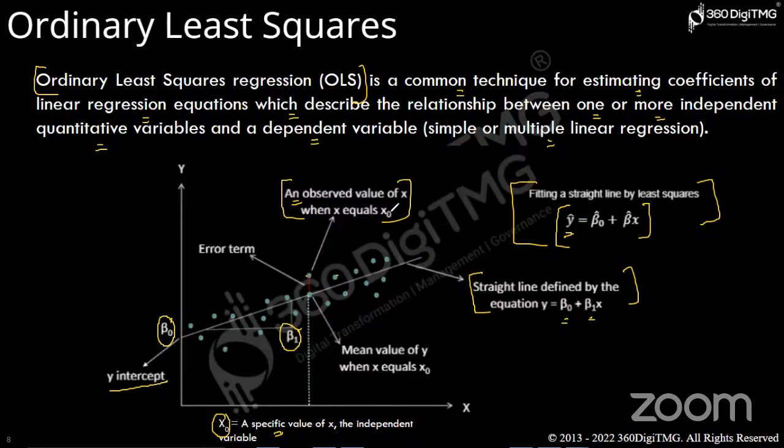This will be my mean value of y when x equals x naught. Based on that mean value, we will be calculating the error term, so the difference between this value and this value will be my error.